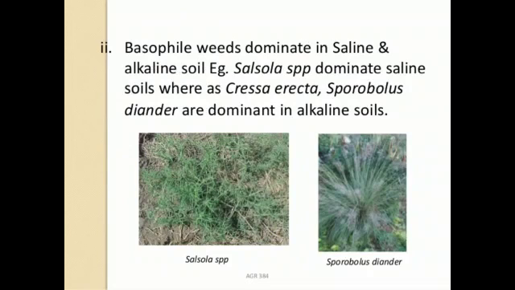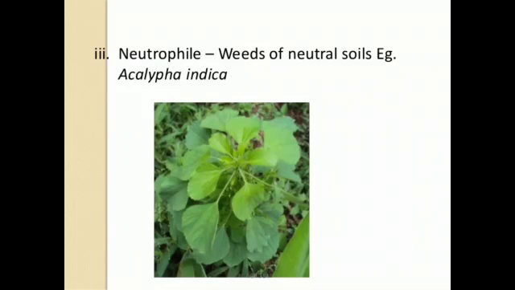Then basophiles, the weeds that dominate in saline or alkaline soil. They grow in alkaline soil, and are called basophile weeds. The examples are Salsola species or Sporobolus diander. Then neutrophiles, weeds that grow in neutral soil. Example like Acalypha indica.